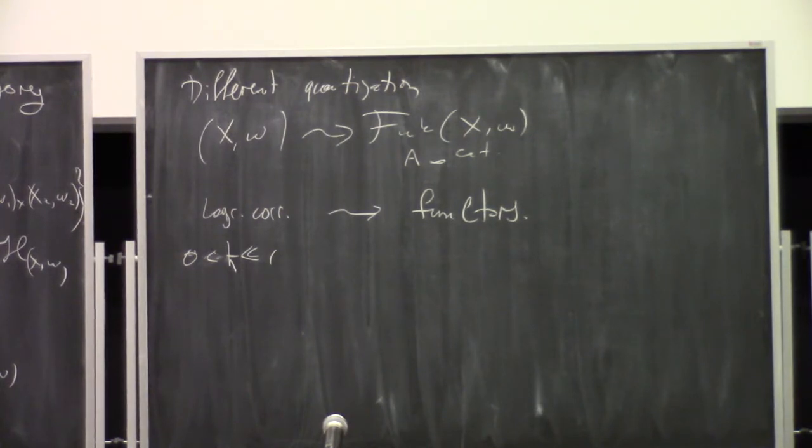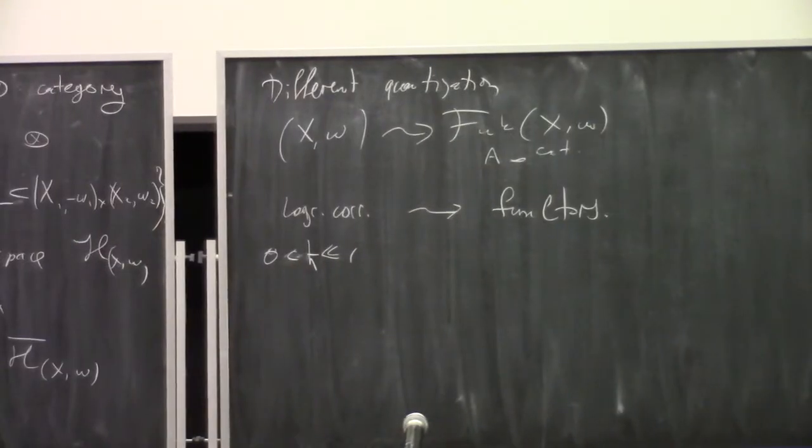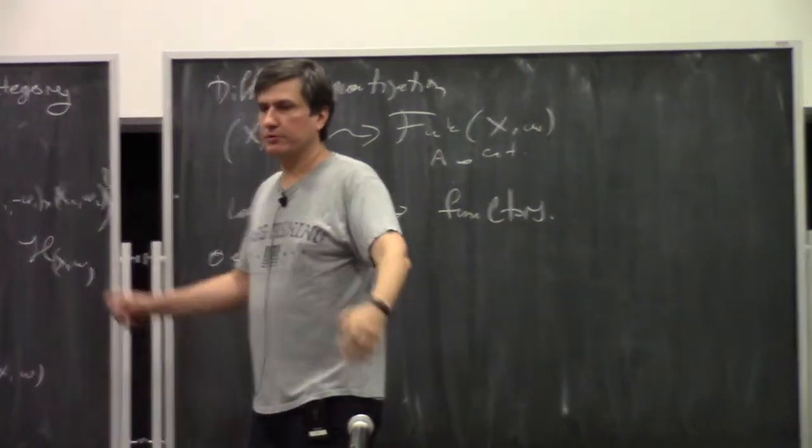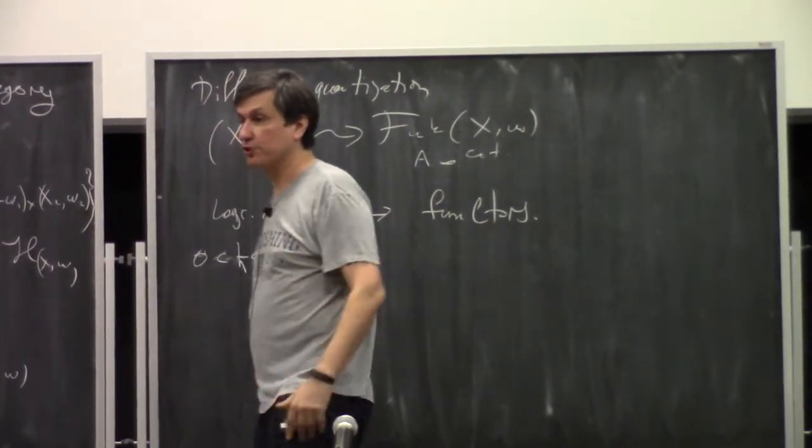Now, if we have a tensor category, we can speak about various algebraic structures, like commutative associative algebra.